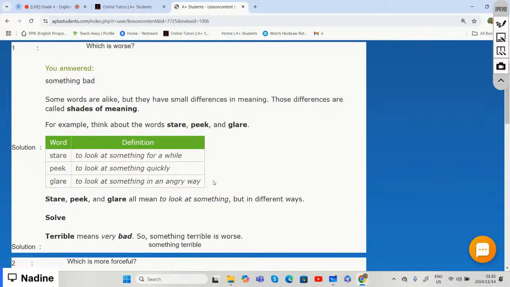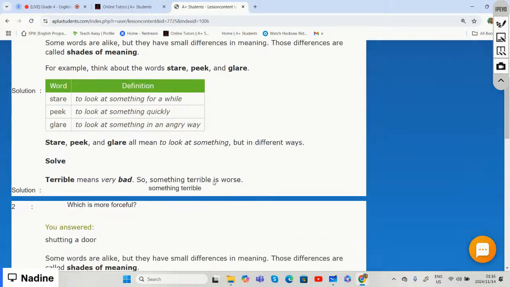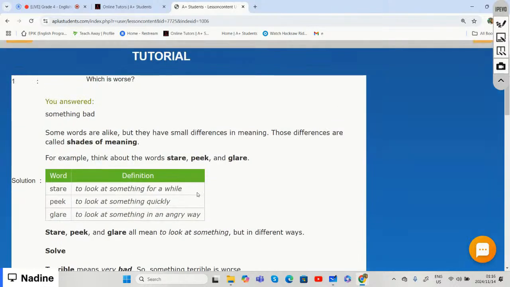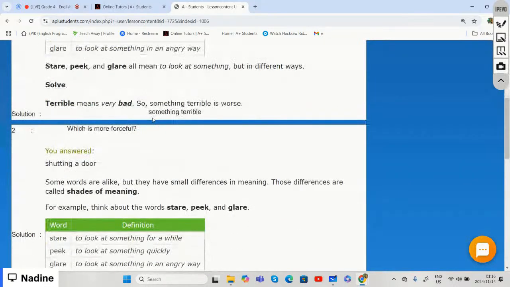All right. If we look at, for example, they want to know which is worse, but they're not giving us an option.